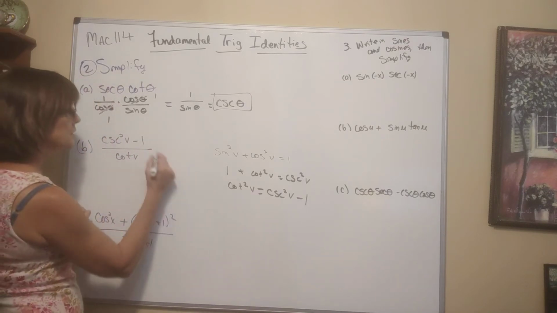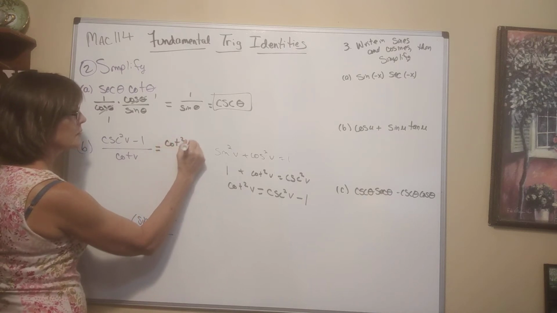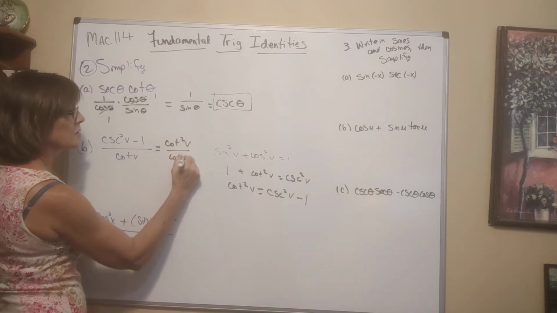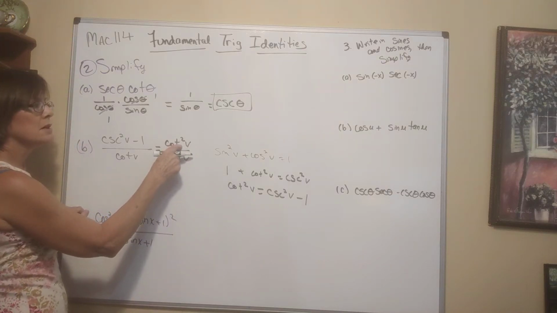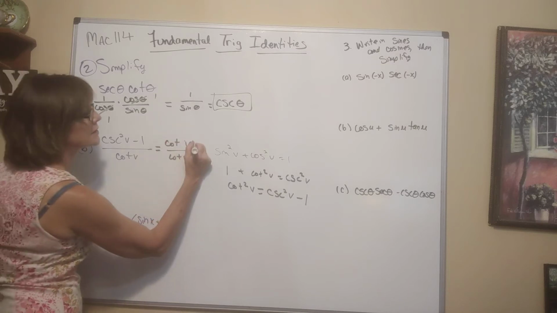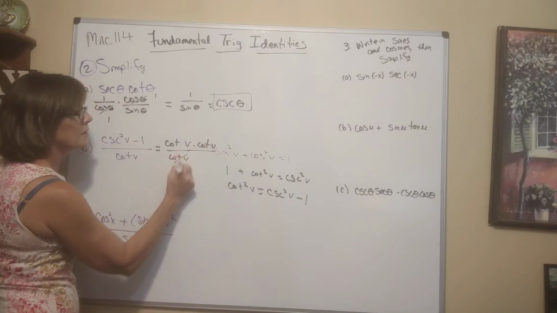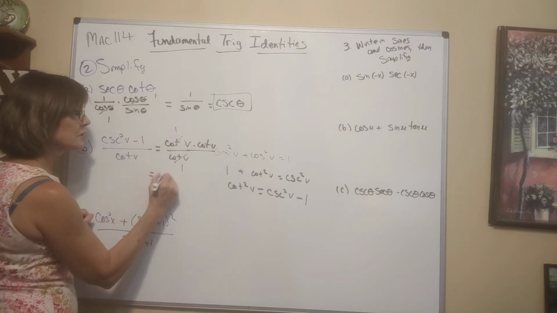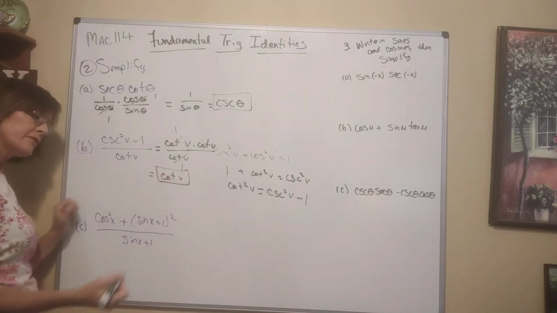So I'm going to rewrite this as the cotangent squared of v divided by the cotangent of v. And what I understand this to be is the cotangent of v times the cotangent of v. So if I decided to write it like this, I can divide one of these into one of these, and I'm left with just the cotangent of v over 1. And that one's simplified.